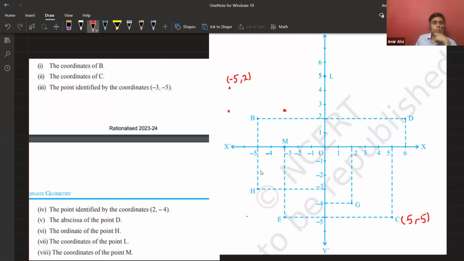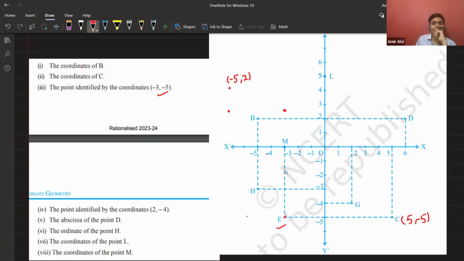Next term. The point identified by the coordinates minus 3 comma minus 5. Now tell me what is the name of this point? I think you have missed that. Very clever.